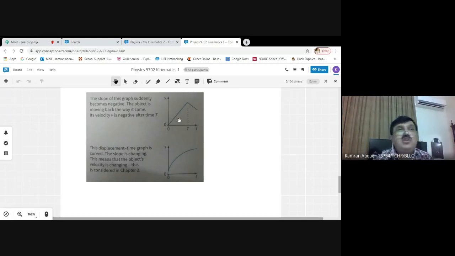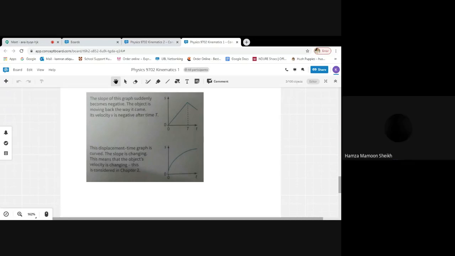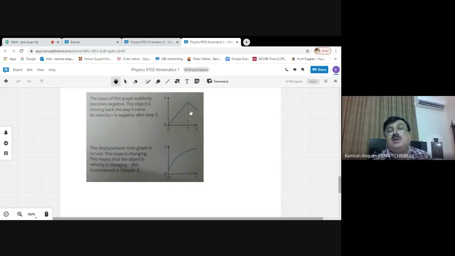So, from your knowledge of mathematics, Hamza, you know very well that the value of this particular gradient will be obtained as a positive value. And if you calculate the gradient from the given values of this kind of line, you will obtain a negative value. Do you agree with that?